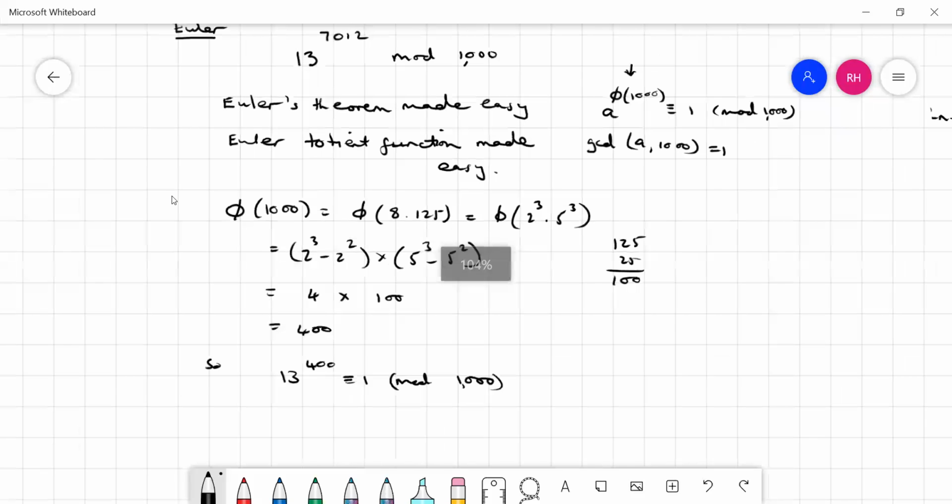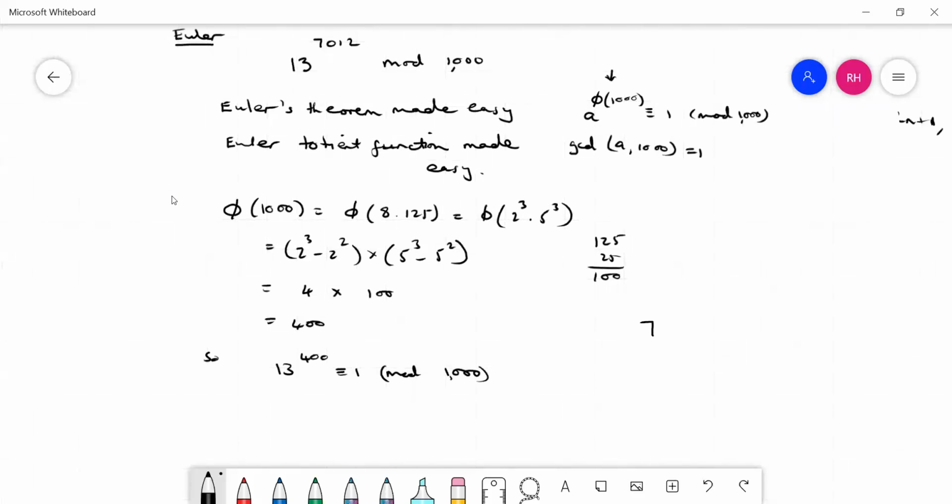400 will divide 7012, so we can work out some power here. What will that be? 7012. So that's 17 times 400.